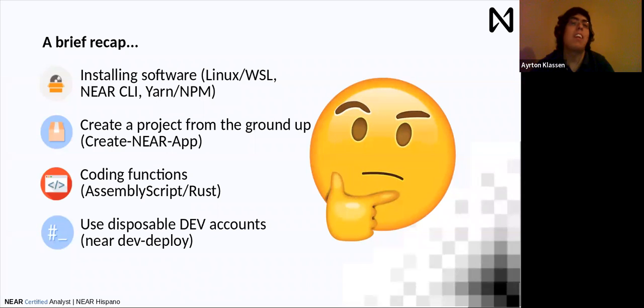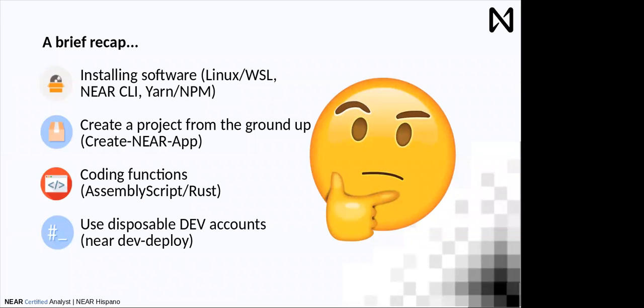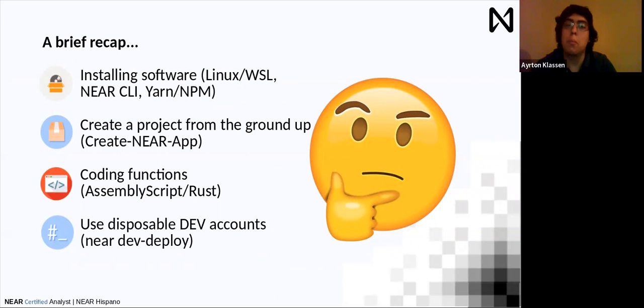I would assume that most of you have already installed all the things that are needed for us to get working. And after that, we also learned how to create a project from the ground up using a quite handy tool called Create NEAR App. It's basically just a script that executes on Node, and this creates a starting app, a boilerplate app, so we can start coding on it.